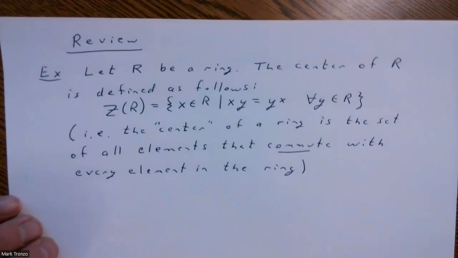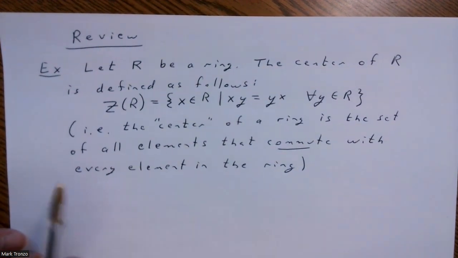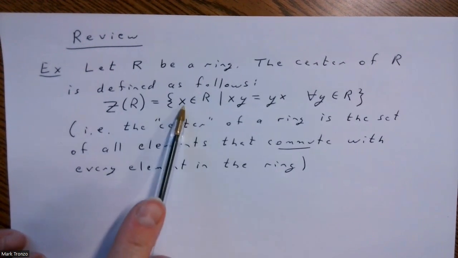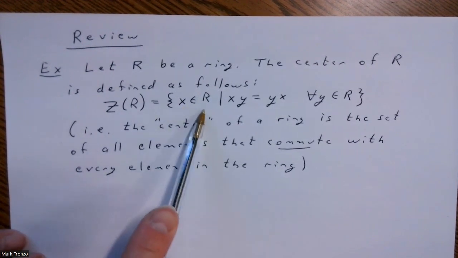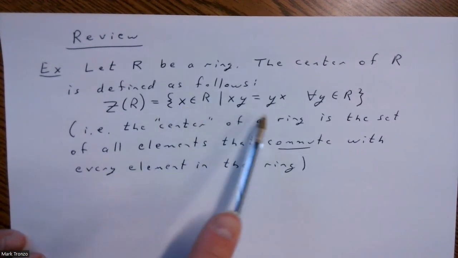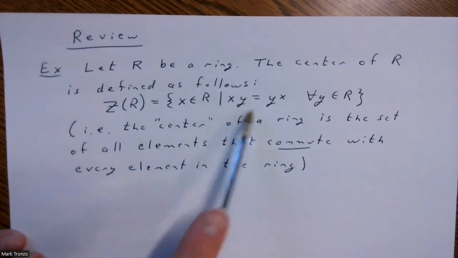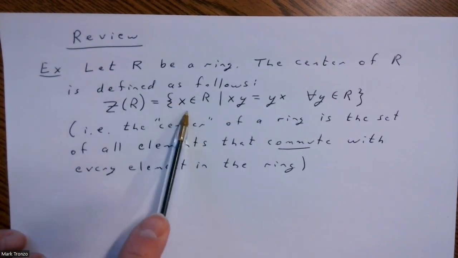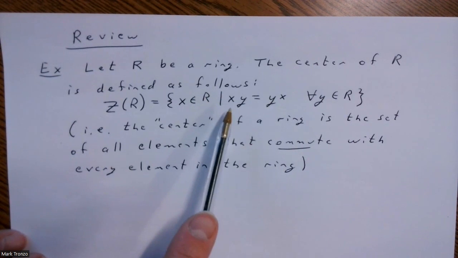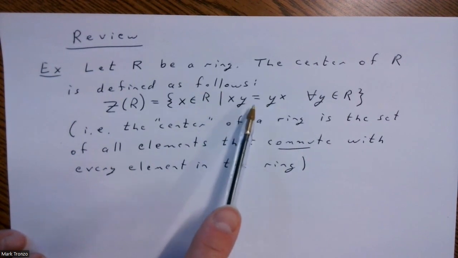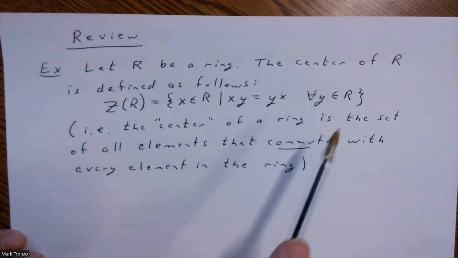So let's say it's not a commutative ring. These are the elements in the ring that will commute with every other element in the ring. In other words, if you take this x, then x times y will be y times x for all the other elements.